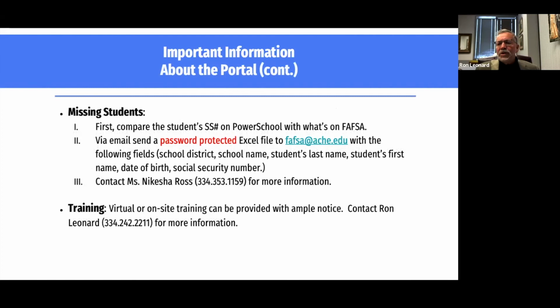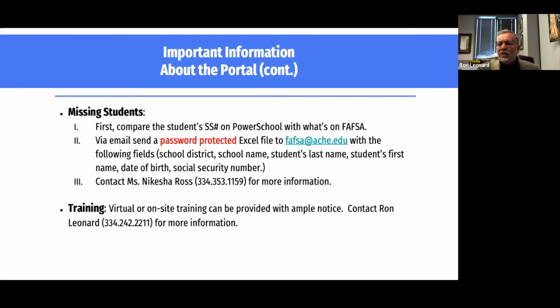Now, sometimes students don't show up in the portal, and 9 times out of 10, it's because they haven't provided ALSDE with their social security number. Now, in time, we're going to have a secondary match. When I say that, for student data to go into the portal, we have to be able to match what the federal government provides to us with what the State Department of Education provides to us. So if, for example, the student doesn't provide one social security number, then their information won't go into the portal.